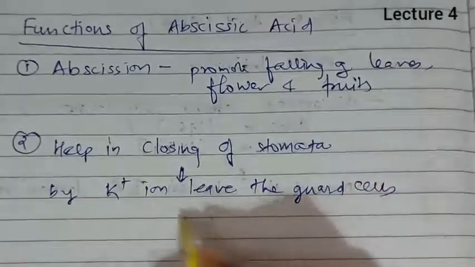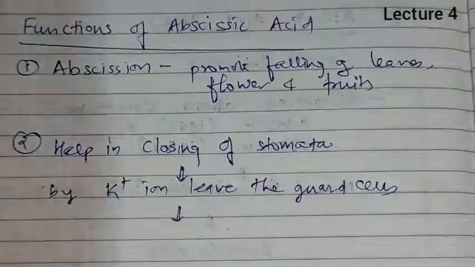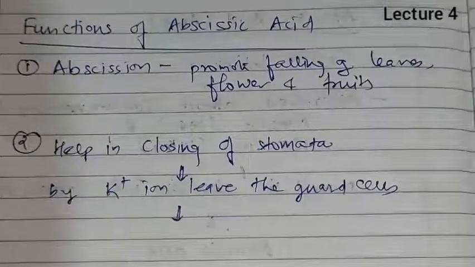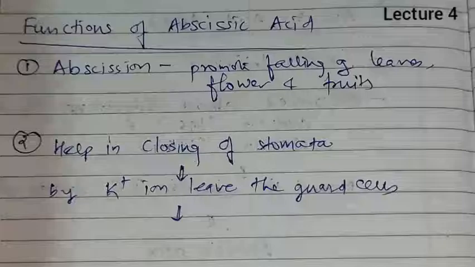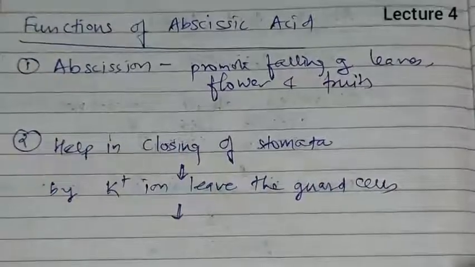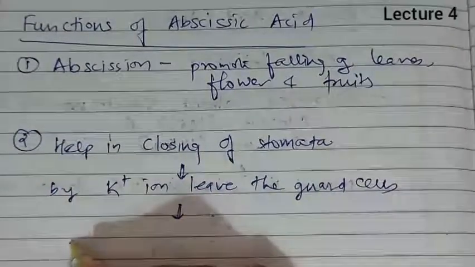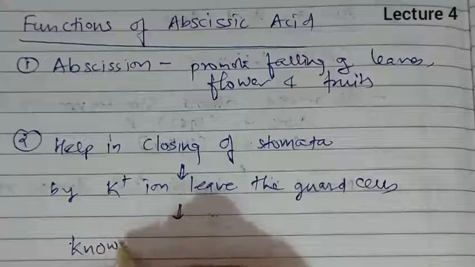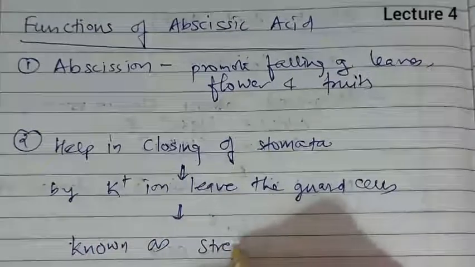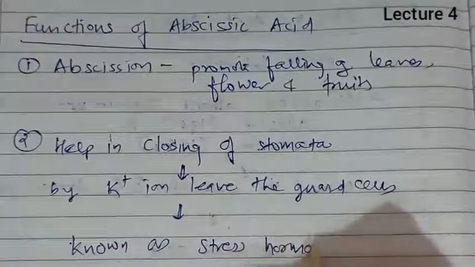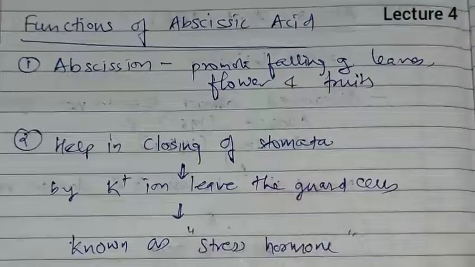When potassium ions leave, the guard cells become flaccid and lose their rigidity due to shortage of water. Hence abscisic acid is also known as the stress hormone.